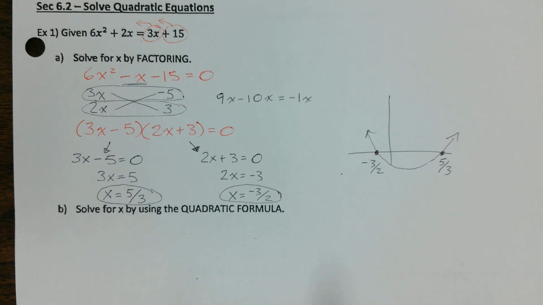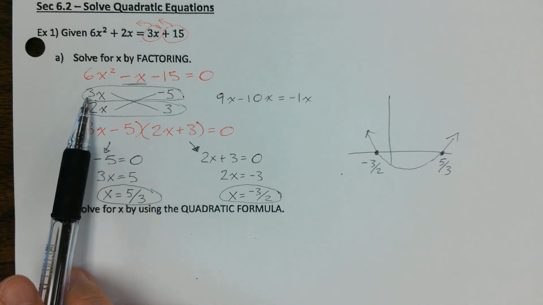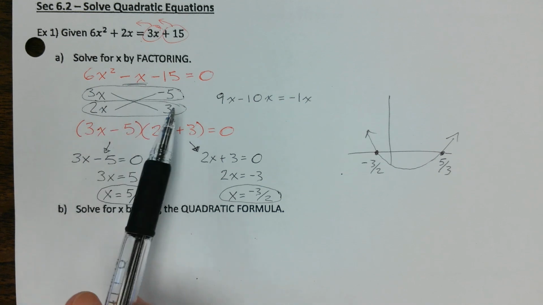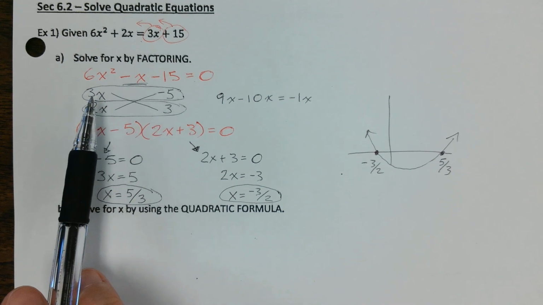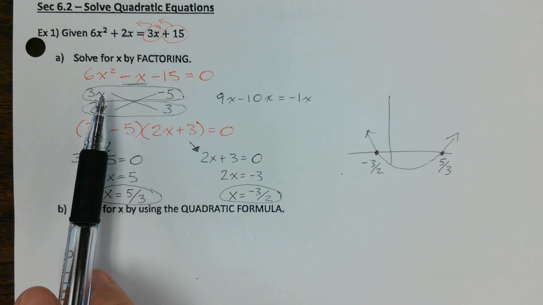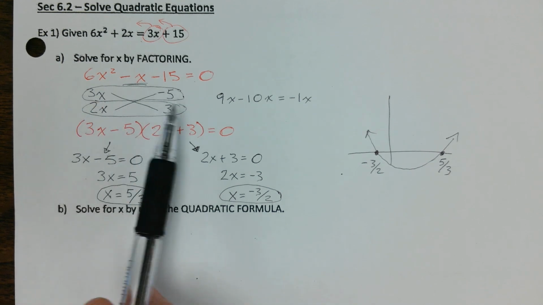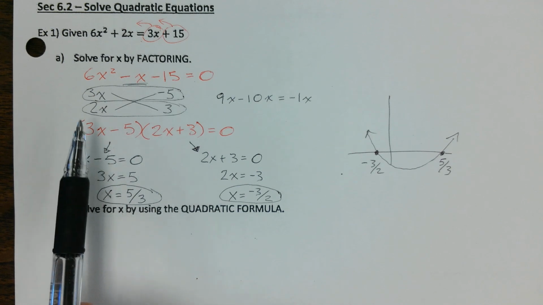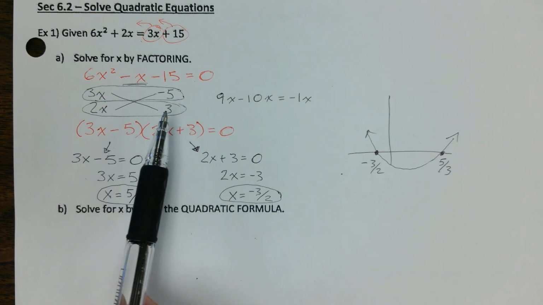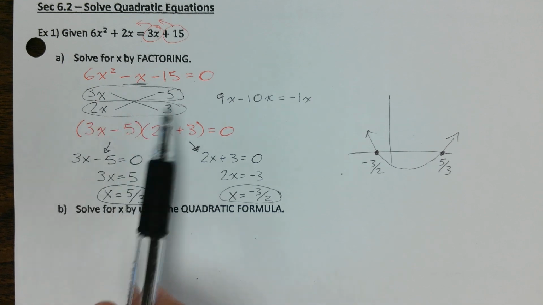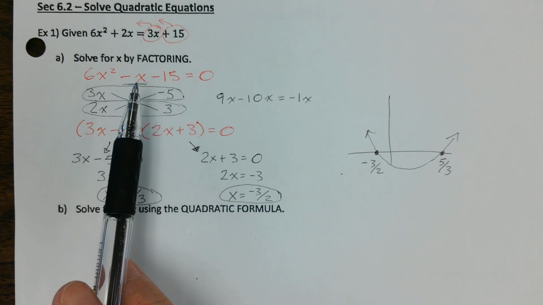Now this was easy to do because the integers work out nicely. If you think back to chapter 4, were all the numbers always nice? Remember, there were ones that were not factorable. You couldn't figure out what to use to make it equal to the middle term.